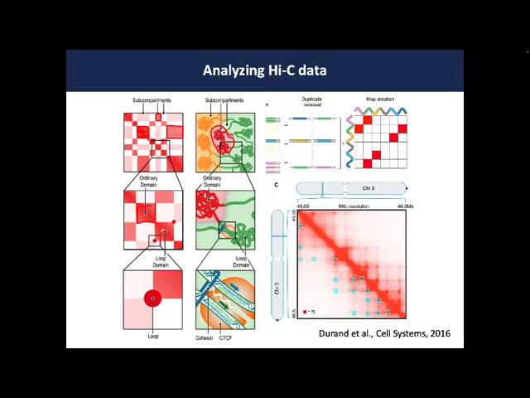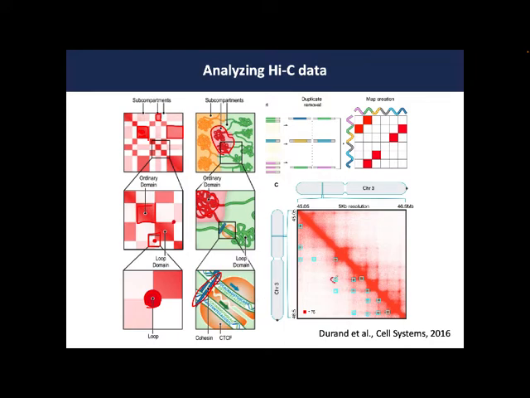If we amplify this more, the very dense, intense dots on the corner of a square, we call a loop, and a loop is tightly connected by cohesin or CTCF, the architectural proteins in general.